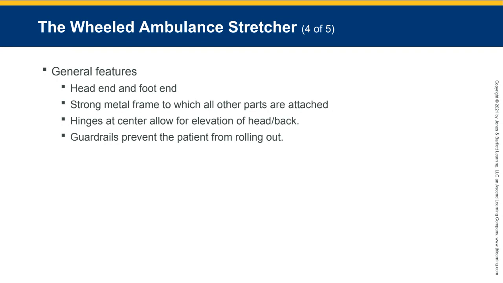Some used to have the ability to elevate the lower extremity as well, but I'm not sure if they make them that way because it's not something that is encouraged anymore. It has guardrails to prevent the patient from rolling off the stretcher.